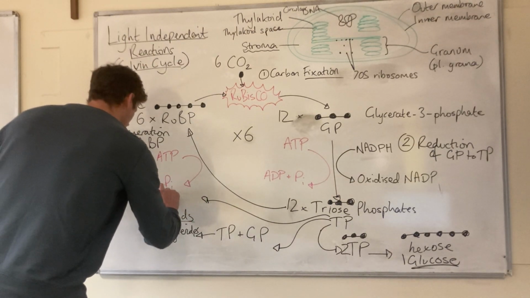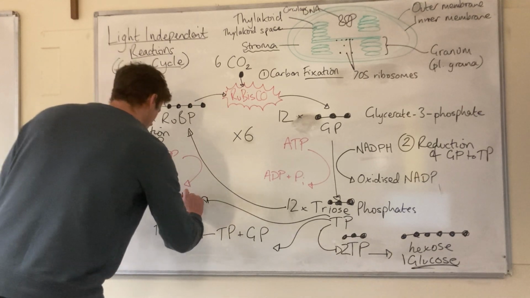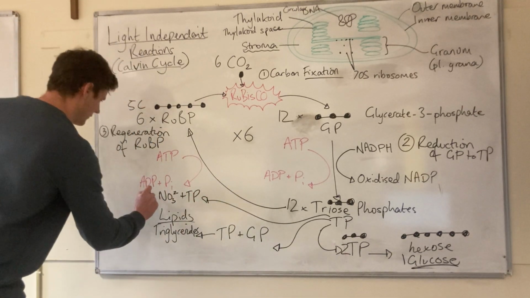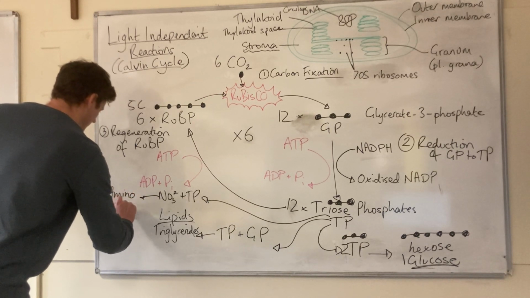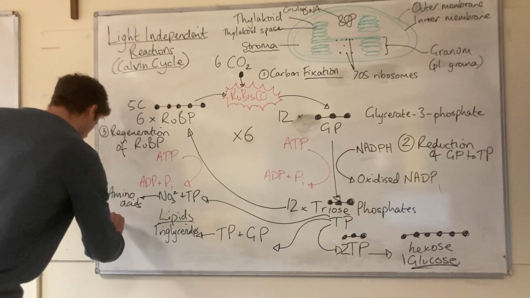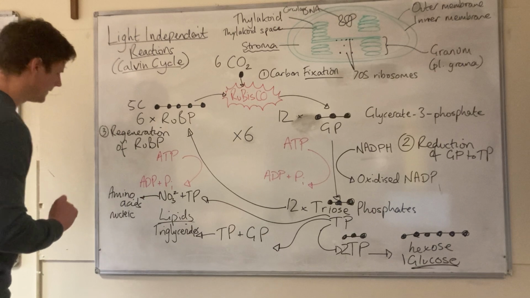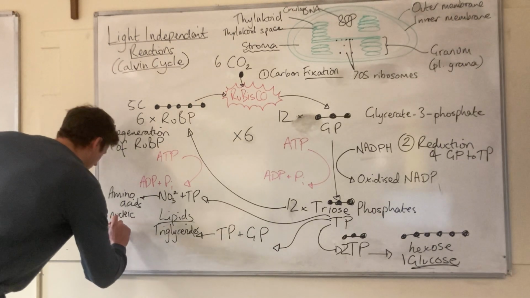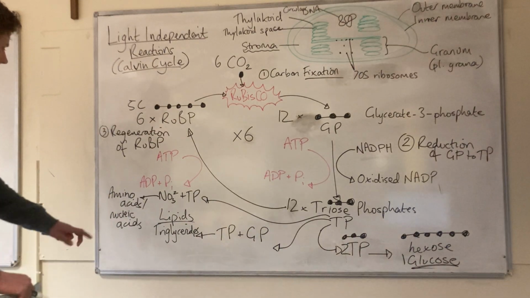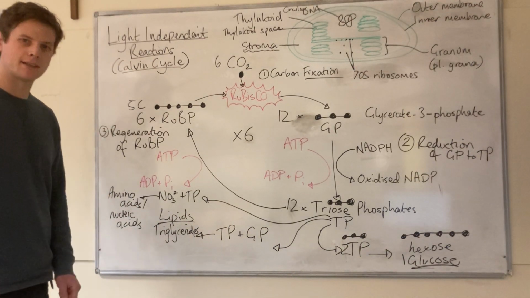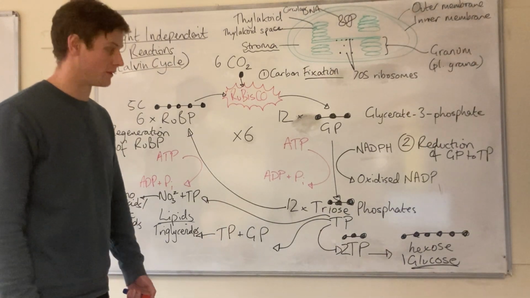So, NO3 minus, plus some of the triose-phosphate, we can make amino acids. Or, with a little bit of different biochemistry, you can make nucleic acids. Okay, both containing nitrogen. Obviously, nucleic acid would have to take some phosphorus from the phosphorus cycle.